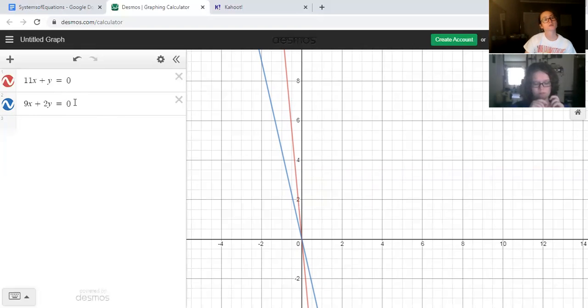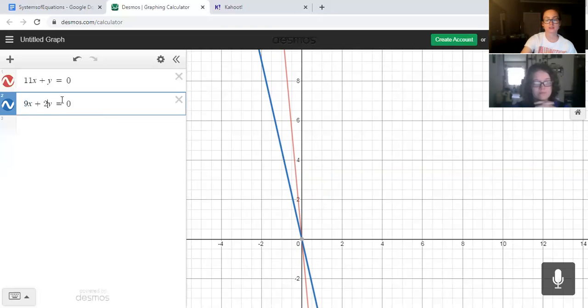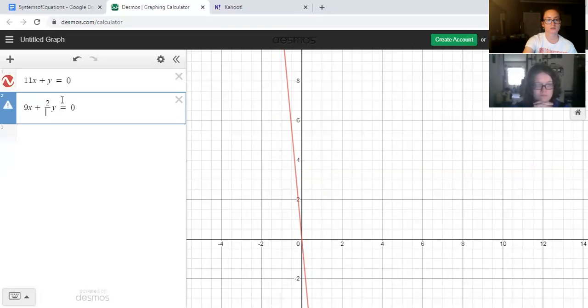Maybe. What happens with standard form of equations that we have this in right here, the x plus y, is you're technically supposed to have it where the x is all by itself, where there's not a coefficient in front of it. So I'm just going to add something here and see if it fixes it. I'm going to take this away. No, that's going to be the same line.